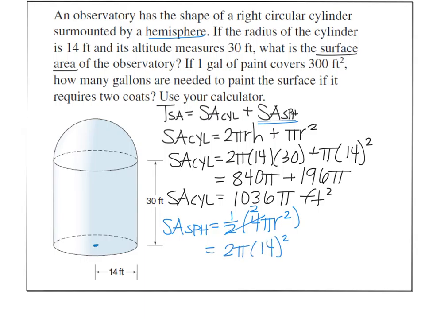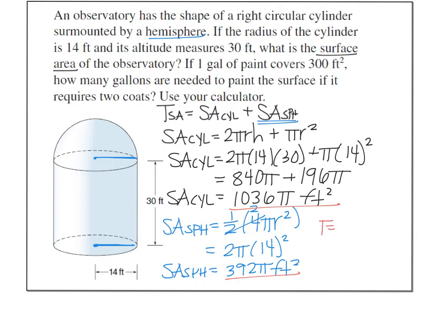And again, I know that because this radius is exactly the same as this radius, and they're using that same circle. So I end up getting the surface area of my sphere to be 392 pi feet squared. So to get the total surface area, I just have to add these together.